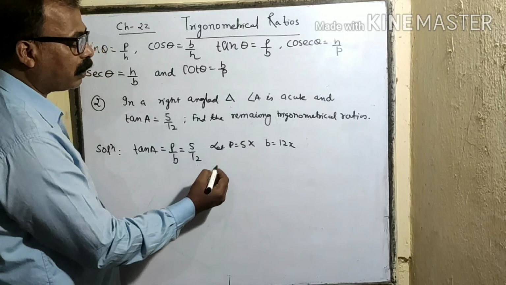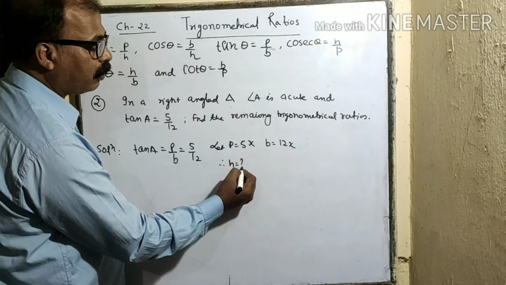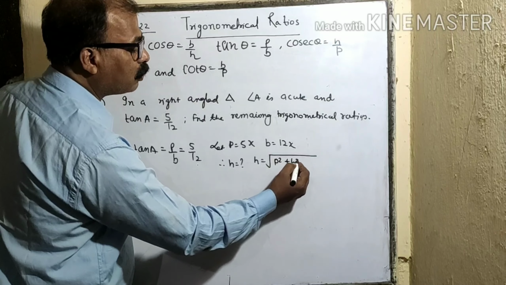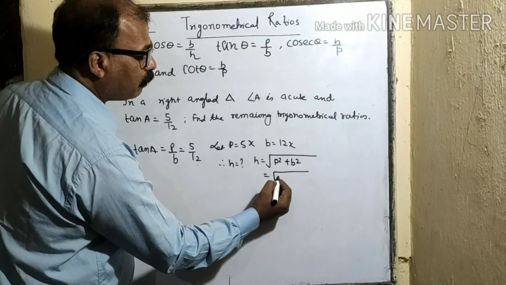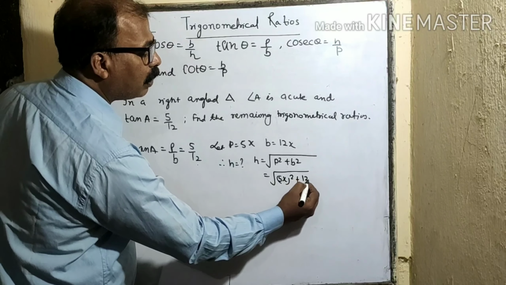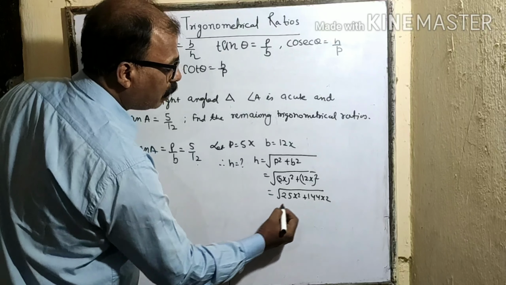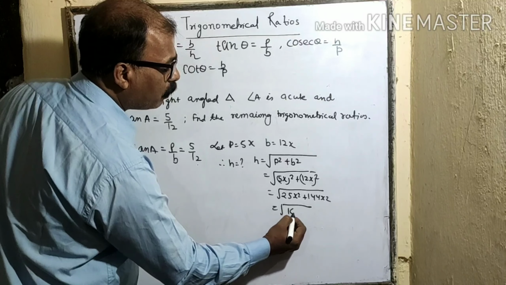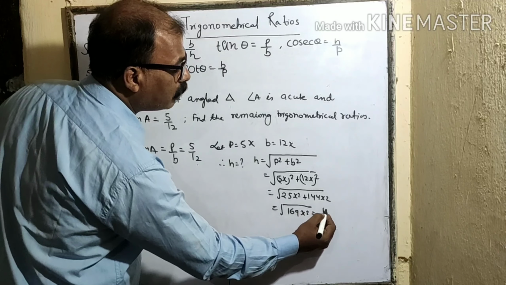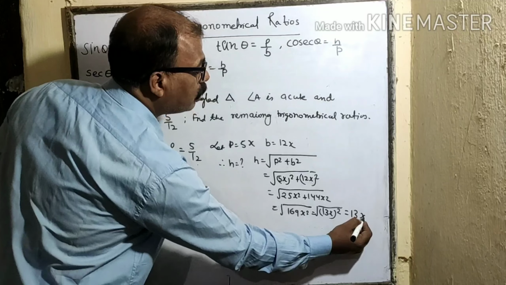And your duty is to find H. We'll use the Pythagoras formula, H is equal to root of P square plus B square. So it comes out as root of 5x whole square plus 12x whole square, that is 25x square plus 144x square, which is root over 169x square, which is actually 13x whole square. So your result will come out as 13x.